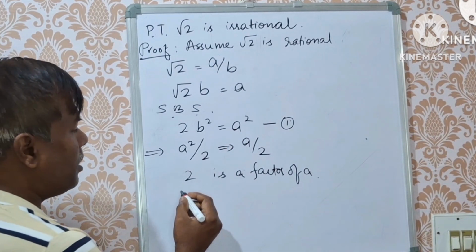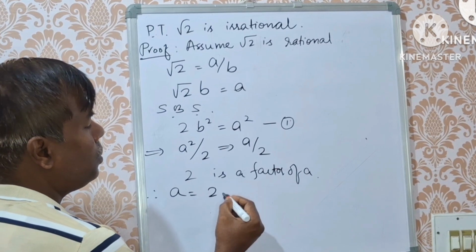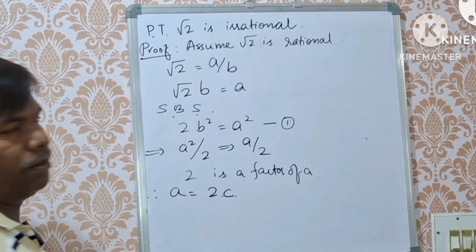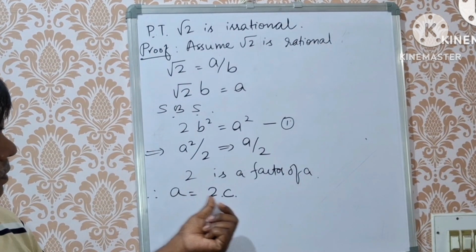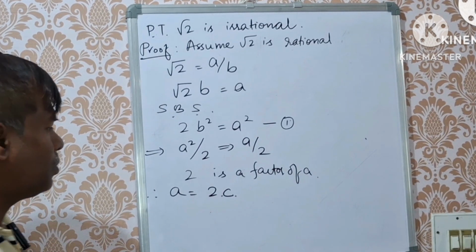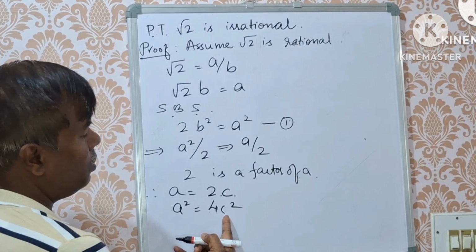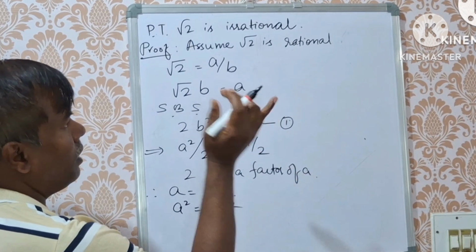Now, in equation 1, since 2 is a factor of a, a can be written as 2 into any other number, 2c. So a square can be written as 4c square. I substitute this in equation 1.